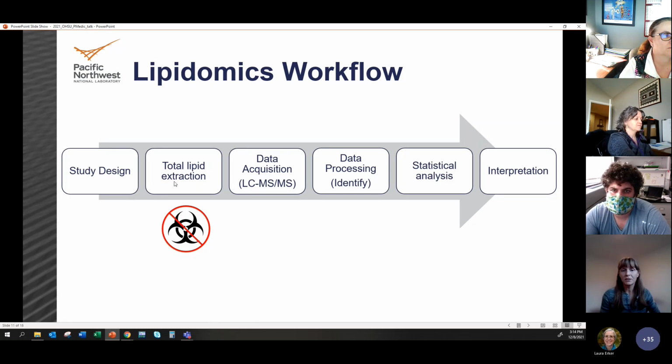We extract the lipids, and I'll talk about that a little bit. Our standard platform is liquid chromatography tandem mass spectrometry, and I'll tell you why we find that to be a really useful platform. We identify the lipids and have an associated abundance value with that. We do statistical analysis, and then we move on to the interpretation.